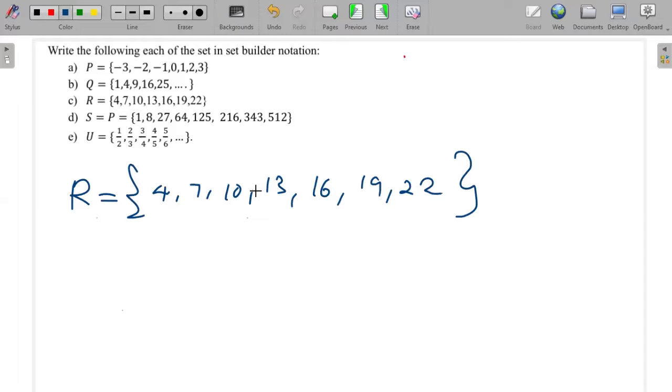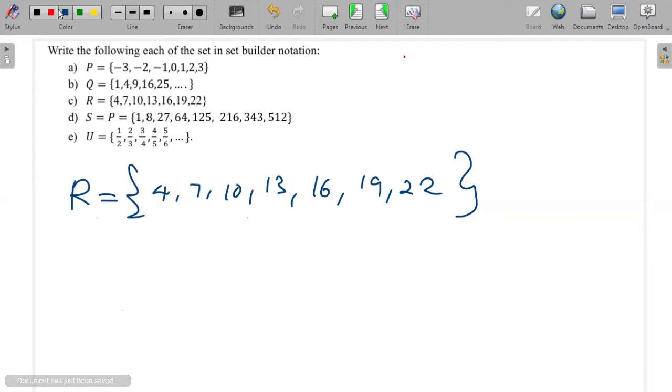Yeah, they're adding 3, or we can simply say the numbers are increasing by 3, with 4 being the first member of that set and 22 being the last. They're just adding 3 to get the next number.